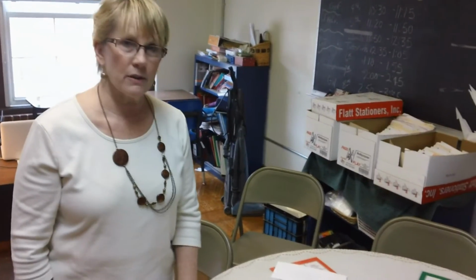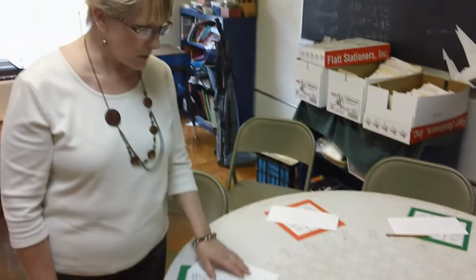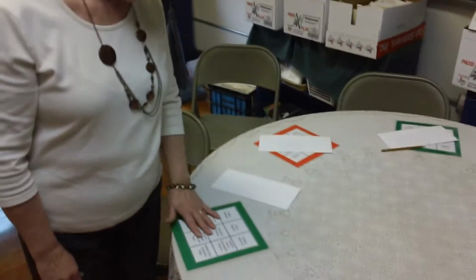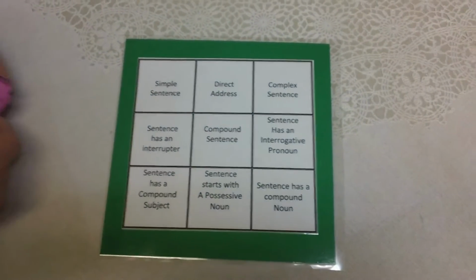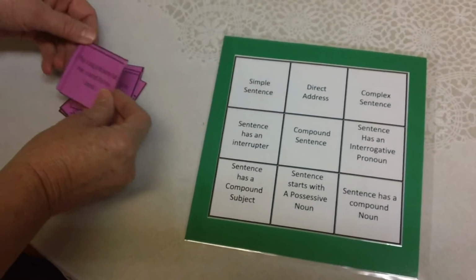This one is on all different kinds of sentences. We have complex sentences, compound sentences, sentences with interrupters, sentences that have compound subjects, and possessive sentences. So what they'll do is find the sentence that goes like a simple sentence, or like the dog barked and bit my hand.